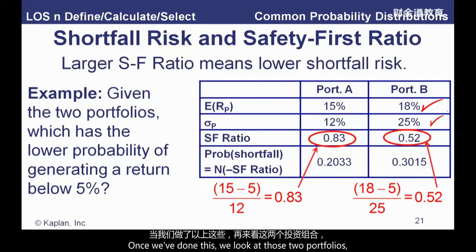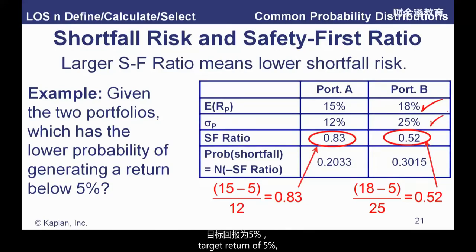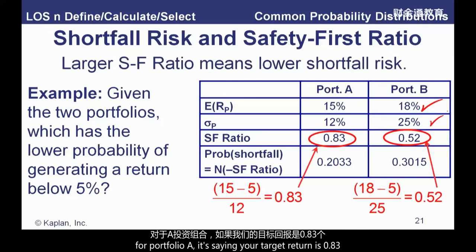So once we've done this, we look at those two portfolios, we calculate the safety first ratio with a threshold or target return of 5%, so we get the excess over the target of the mean, and then we put that in units of standard deviation. So what this safety first ratio is really telling you for portfolio A is that your target return is 0.83 standard deviations below the mean.